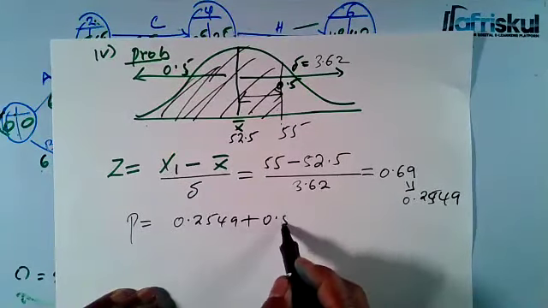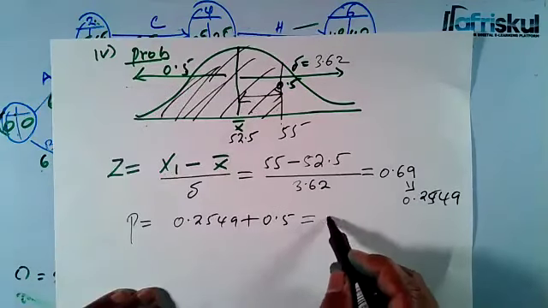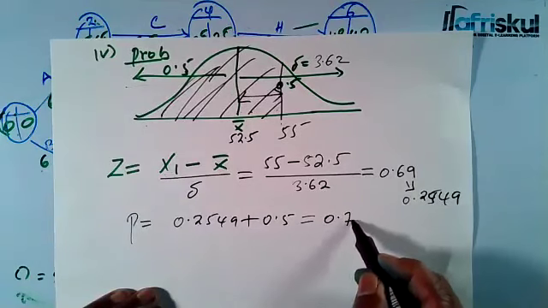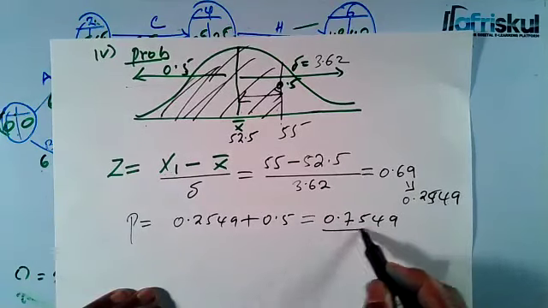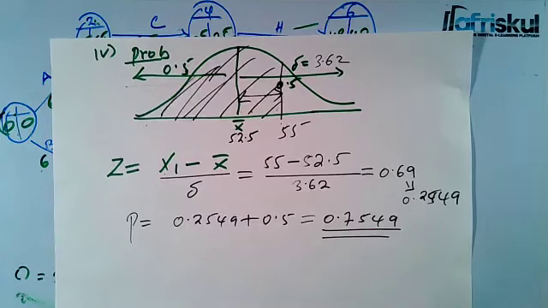Then you add 0.5, because all of this side is 0.5, and you get 0.7549. Now that's the probability of completing the project within 55 days, or the same as 75%. You are 75% sure that you'll complete the project within 55 days.